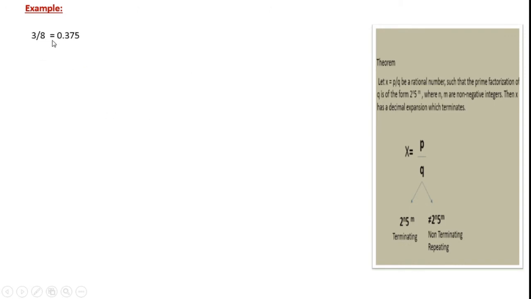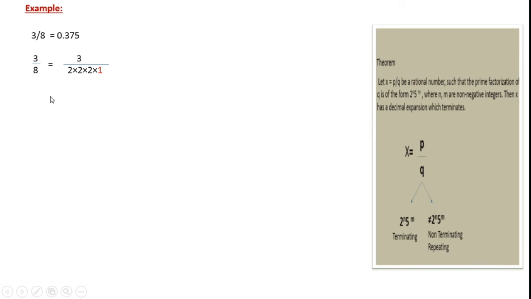3 by 8: if we divide 3 by 8, we will get 0.375. For your understanding, I am writing this. We check the prime factorization of the denominator. 8 we can represent as 2 into 2 into 2, so this is 2 to the power 3.